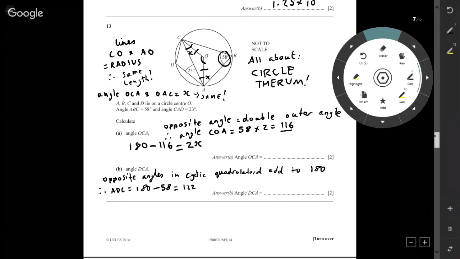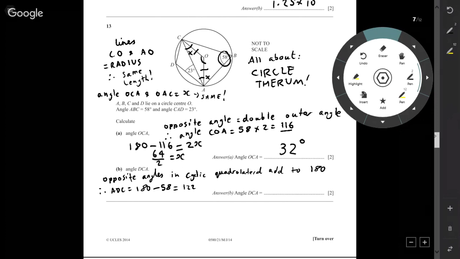That comes to 64. Then we divide that by 2 equals x. Therefore, x equals 32. So there we go, angle OCA is 32 degrees.